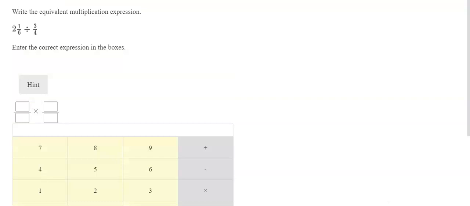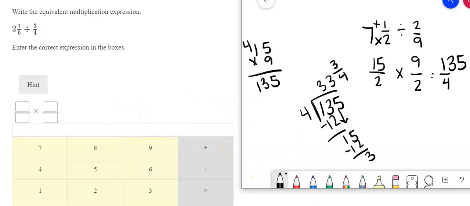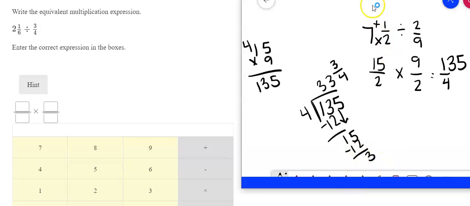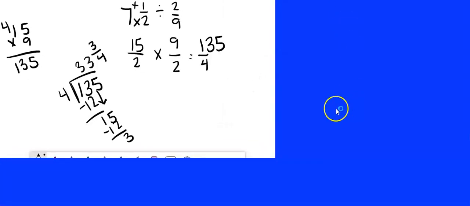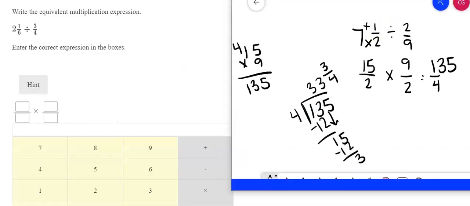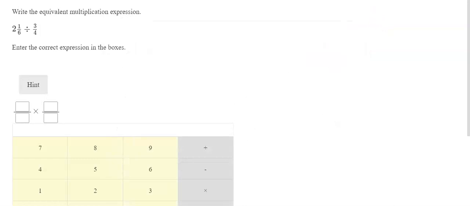14. We're going to write the equivalent multiplication expression. That is not wanting to clear. Hold on 1 second.